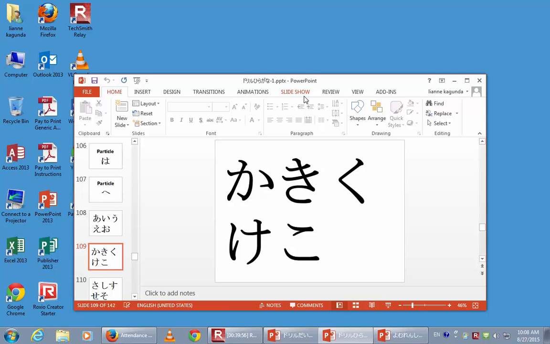Konnichiwa means hello, good day, good afternoon. Any variation like that for translation is fine. Nanaju is 70, just like you said before. Yonju, 40. Juhachi is 18.